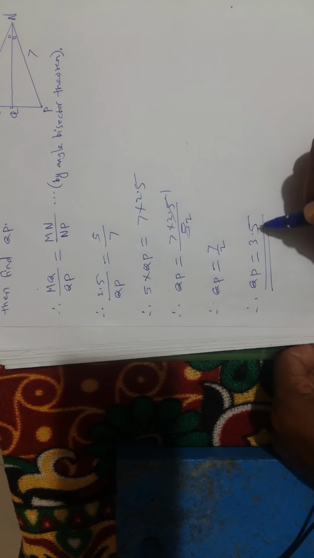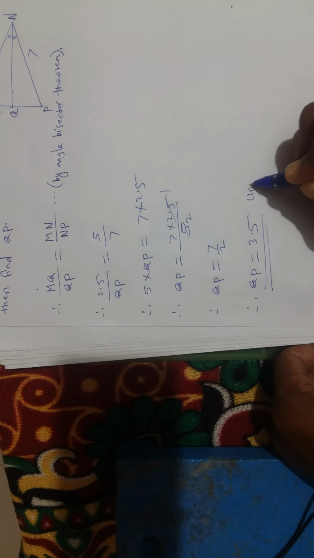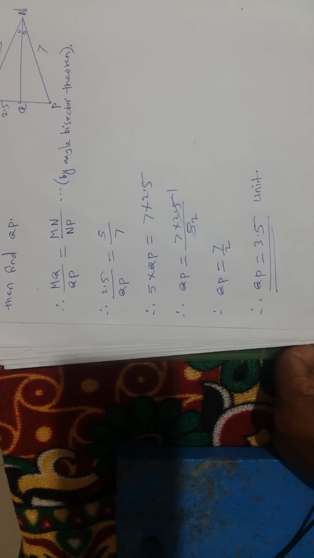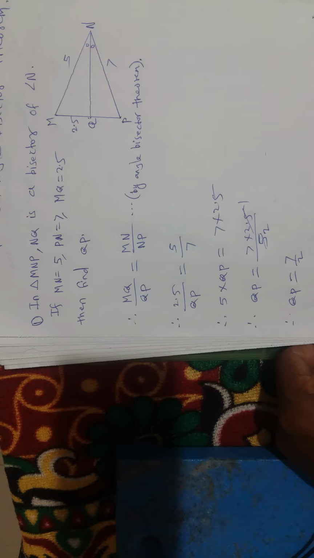What is the unit of this QP? There is no unit given, therefore we can write 3.5 units. This is the first example on the angle bisector theorem.